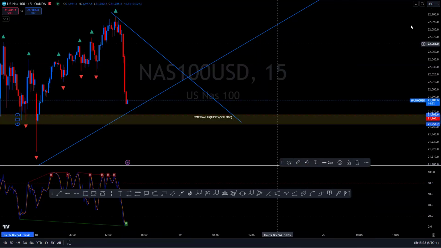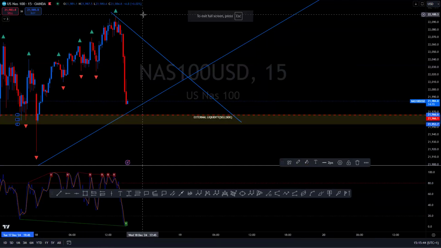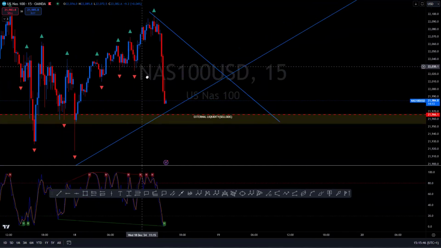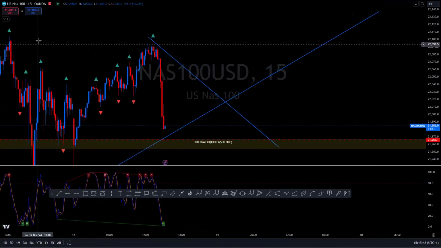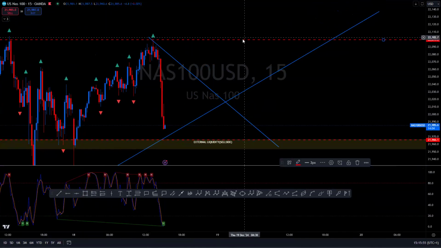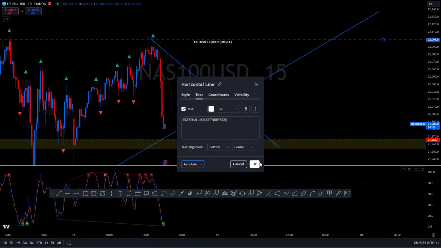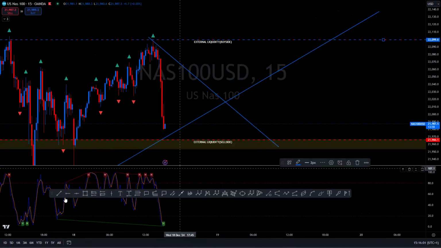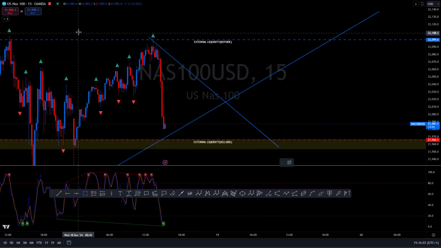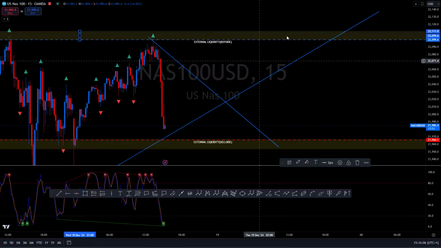And we're going to look at our external liquidity at the top, which I see up here. We'll mark that right here. And we've got external liquidity on the buy side.